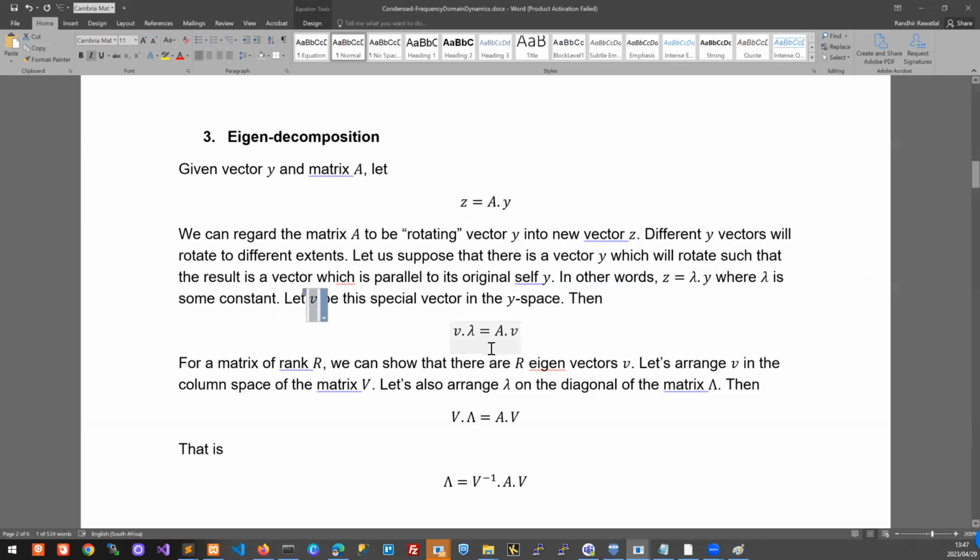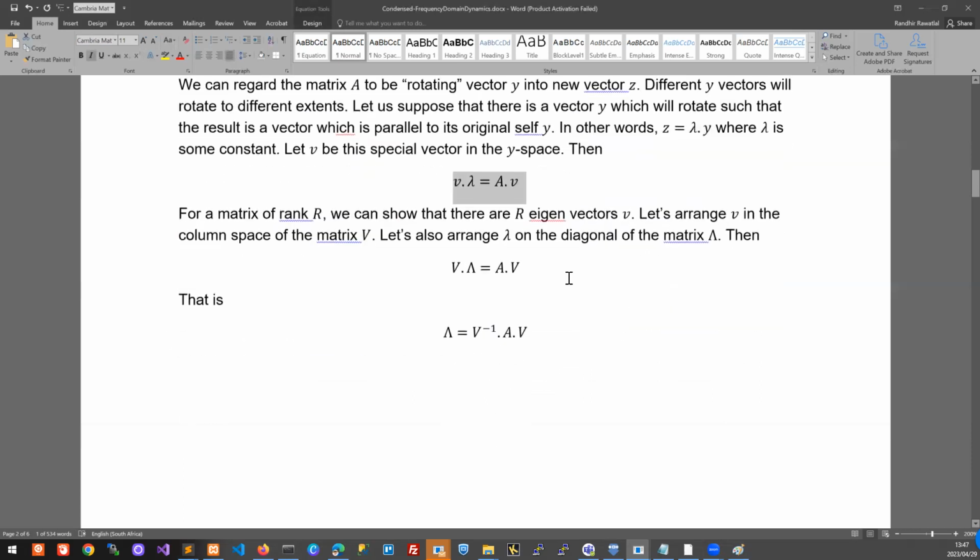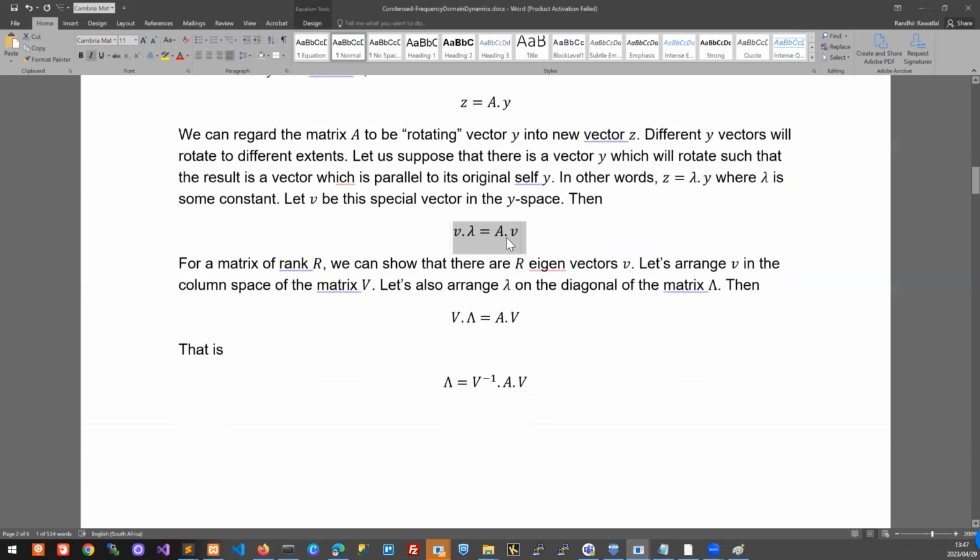So we can say that this property of it being parallel, we can determine the result from the special constant lambda times the special vector V. And then we still have A times y, in this case A times V. So this is the special form that we like. It's only the vectors V that can say this.